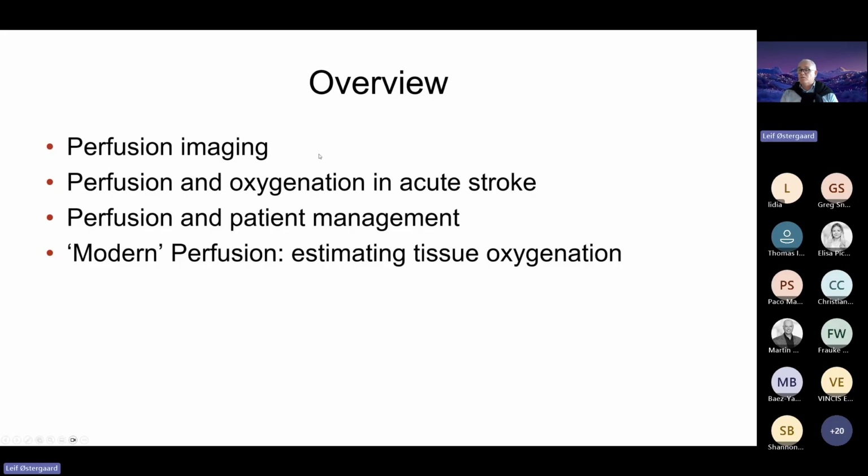That's actually the reason why we choose acute stroke, because that's a condition, as you all know, where oxygenation is limited and tissue dies as a result. And also how we think of perfusion in terms of how we manage patients. And then I'll introduce this new perfusion technology and tell you how that allows us to say something more precise about oxygenation.